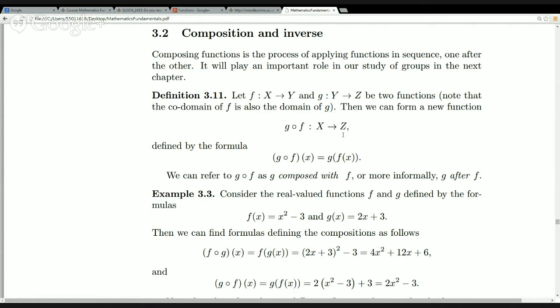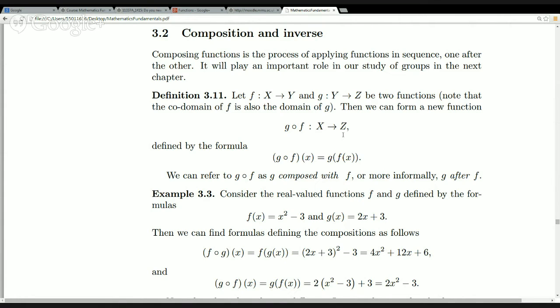Okay, so you've got your two functions and you're combining them together, or composing them together. You think of a more complicated machine made up of these two submachines, and the overall box is the box labeled g after f.